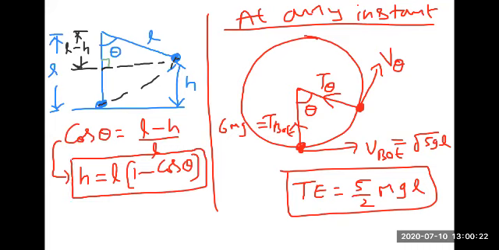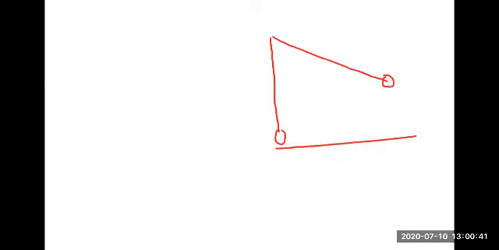H is equal to L into 1 minus cos theta, I got. Sir, why have you taken this H as L into 1 minus cos theta? Sir, what is the purpose of that? I will explain. I am taking the first page here beta. Now observe here, from this position it is rising to some position, height is H I told. So weight will act in which direction? Downward direction.